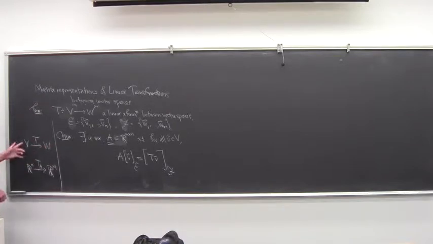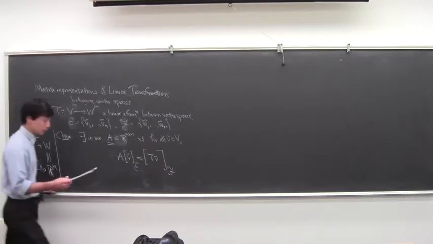This is because V is isomorphic to Rn and W is isomorphic to Rm via the coordinate maps that we had earlier. We have a map from V to Rn, which is an isomorphism. We also have a map from W to Rm that's an isomorphism, using the basis map.